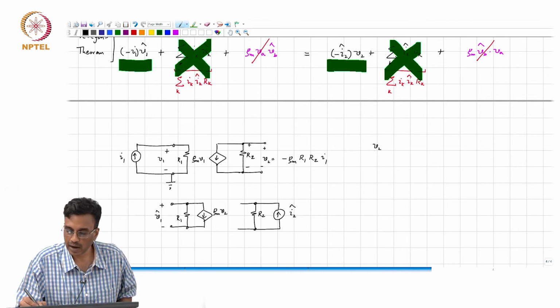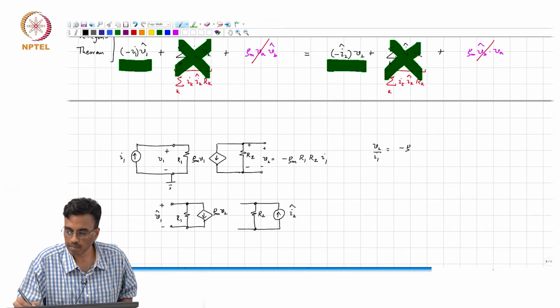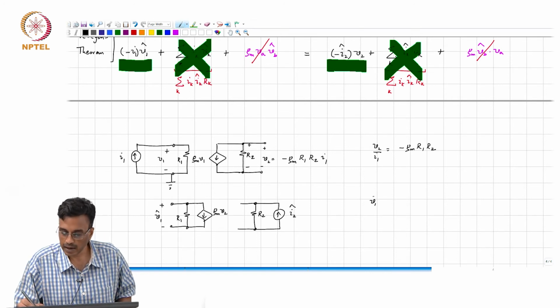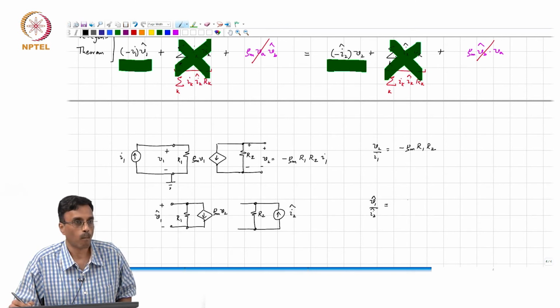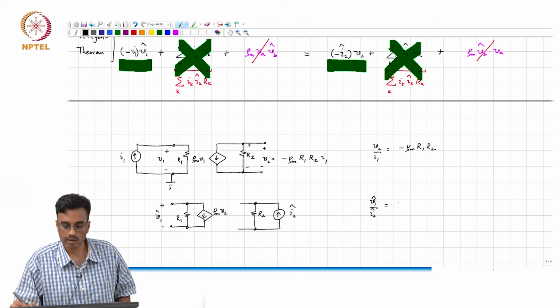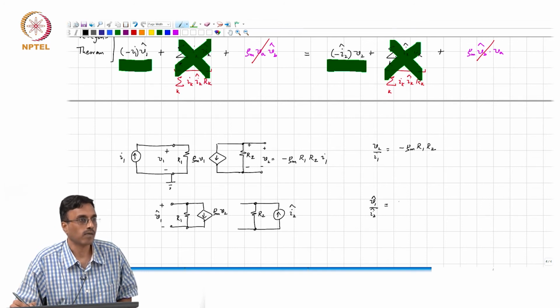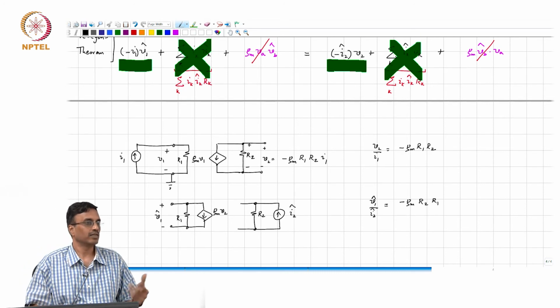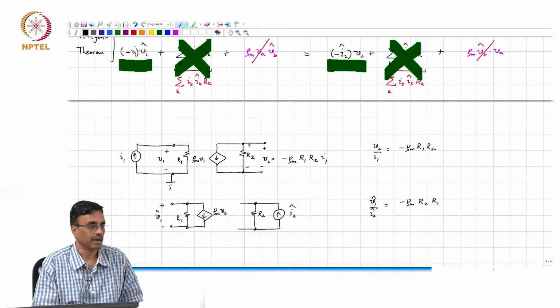So, V2 by I1 in the first case happened to be minus Gm R1 R2. V1 hat by I2 hat turns out to be, what? Minus Gm times R2 times R1, and as you can see the transfer functions are the same.